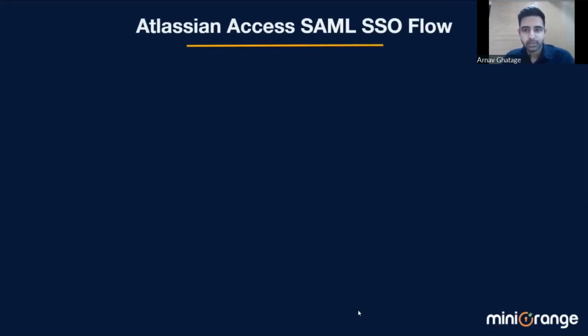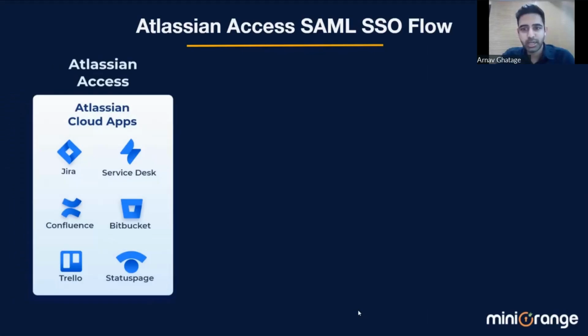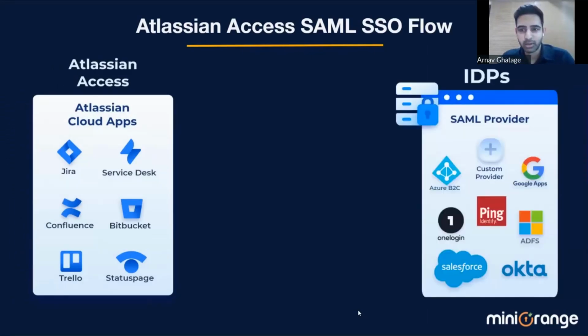Moving on to the next slide, this is how the actual flow of Atlassian Access works. As I mentioned in the previous example as well, Atlassian Access can only be connected with any of the IDPs using SAML. So when a user wants to log into Jira or Confluence or any other Atlassian application, the user needs to be validated first, right?